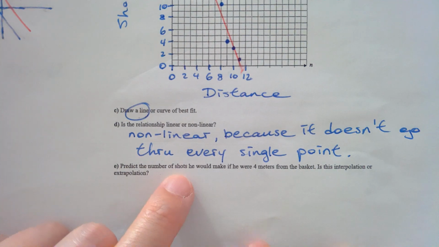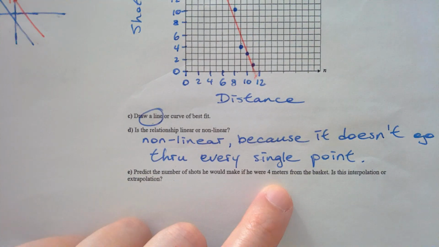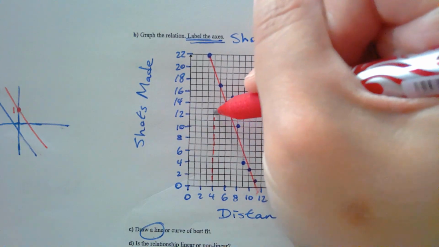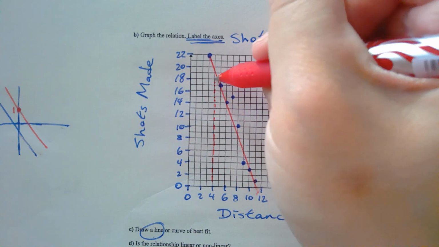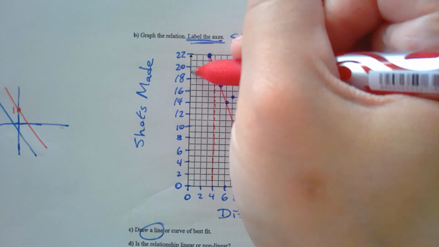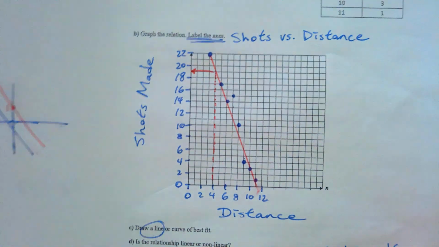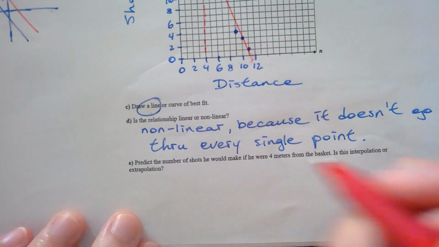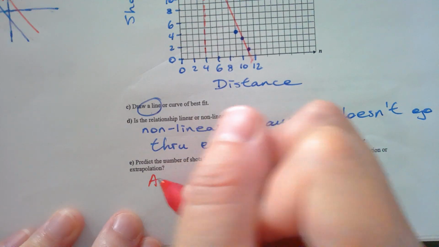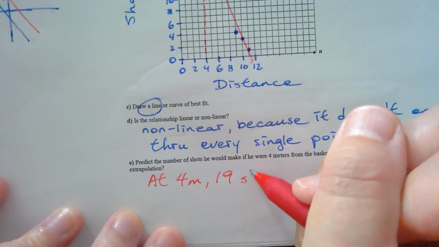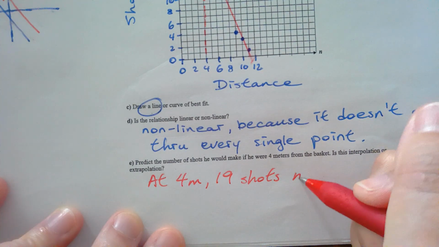Okay, predict the number of shots he would make if he was 4 meters from the basket. 4 meters, right here. 1, 2, how many baskets does it look like he's gonna make, Amy? 19. Is that a good percentage? Looks pretty good. So at 4 meters, 19 shots made.